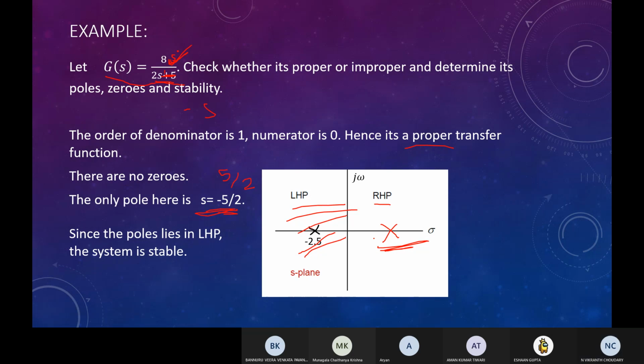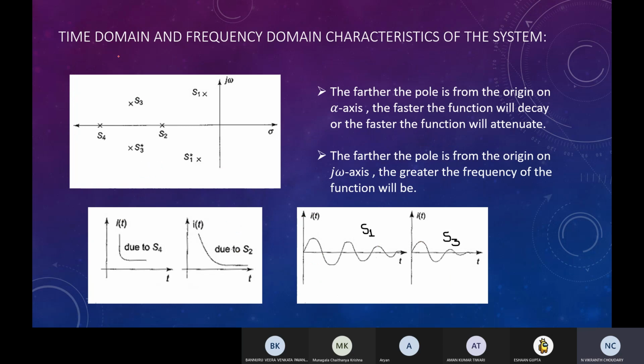Next, we will see how the time-domain and frequency-domain characteristics can be read from the transfer function itself. Suppose there are four transfer functions over here, with poles S1 and S1 conjugate. This S1 star represents the conjugate of S1.